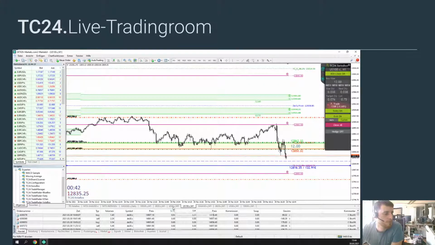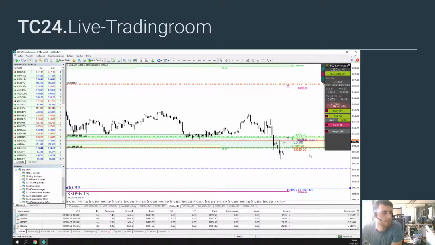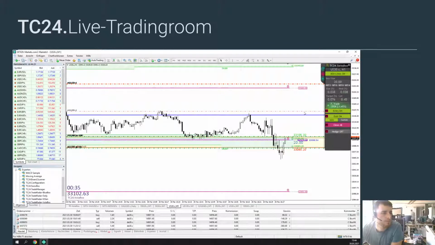It just stopped out before. Seventh trade in on the Dow Jones yet.